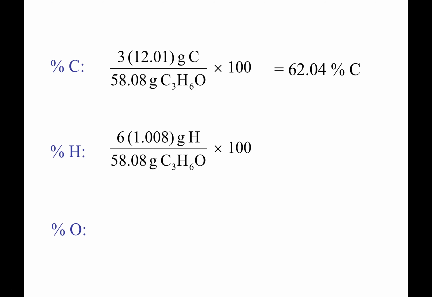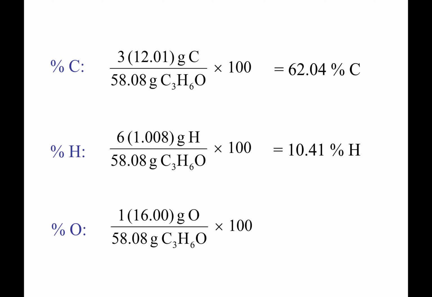We take the same pattern with hydrogen and oxygen. So hydrogen looks like this. We said for hydrogen, it's 6 times 1.008 grams divided by that 58.08 grams times 100 to get it in parts per 100. 4 sig figs again, that's right. So 10.41% hydrogen. Same pattern with oxygen.